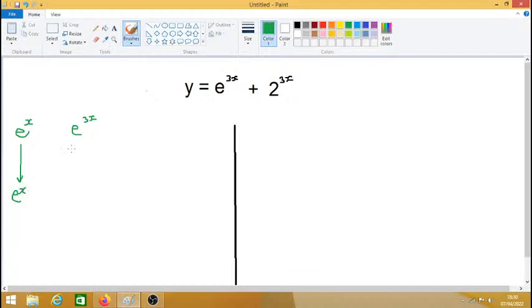So using that rule here, I'm going to firstly see that it's not just x, it's 3x, so I need to apply the chain rule. The chain rule has two steps. First, you differentiate the outside as normal. So e to the anything stays as e to the anything. So e to the 3x will just stay as e to the 3x.